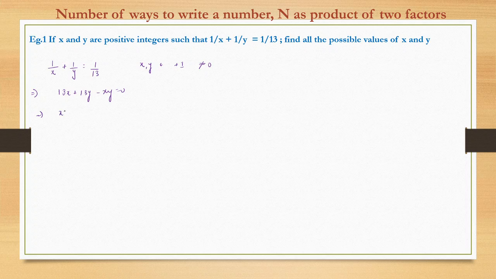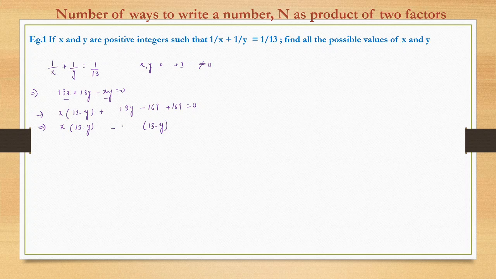Now taking x common between this and this, it becomes x times (13 minus y), plus this is 13y. Acha. Can we subtract 169 and add 169? I'll tell you why we are doing this. Because if we do so, we can write it as 13 minus y, and y has 13 as a multiple.